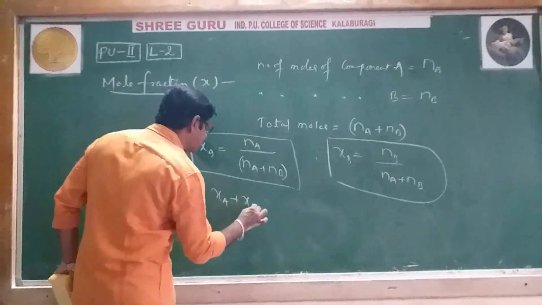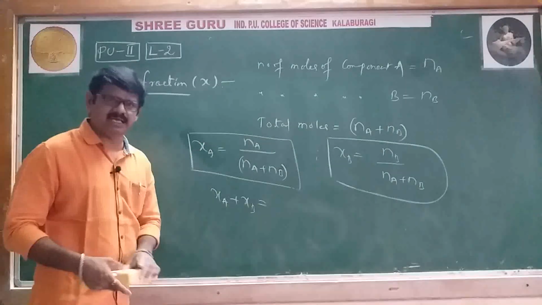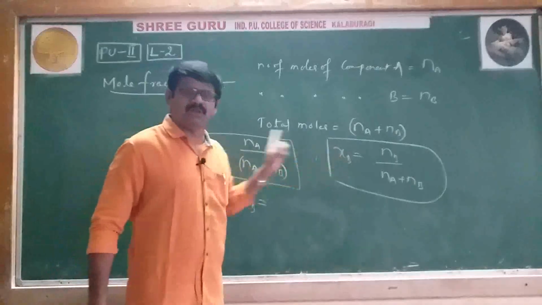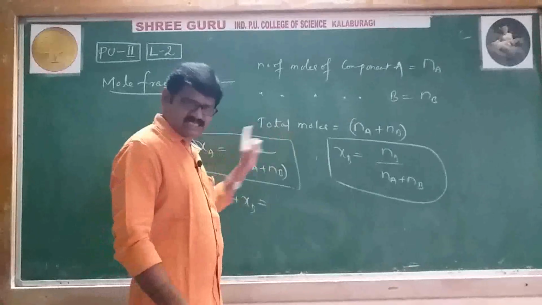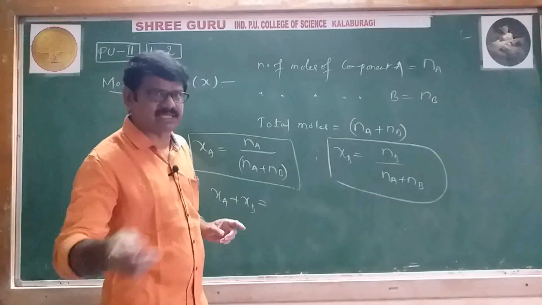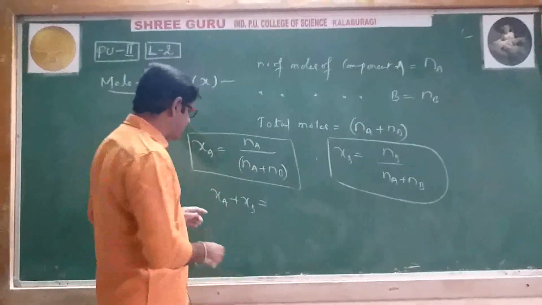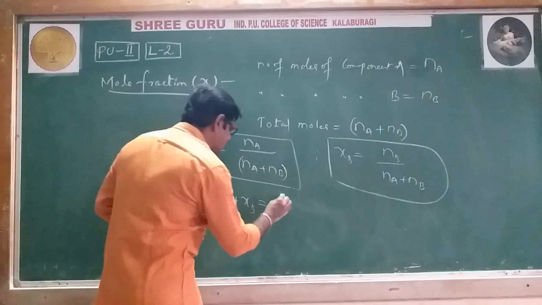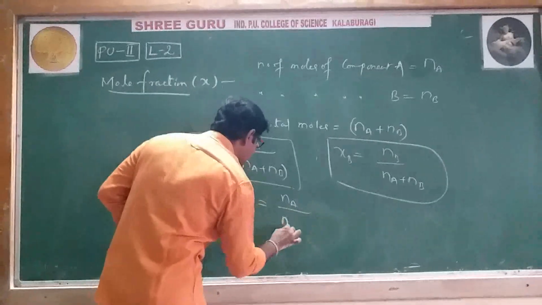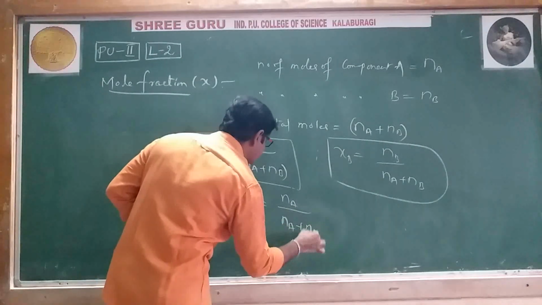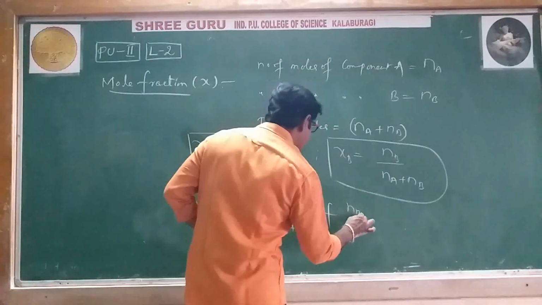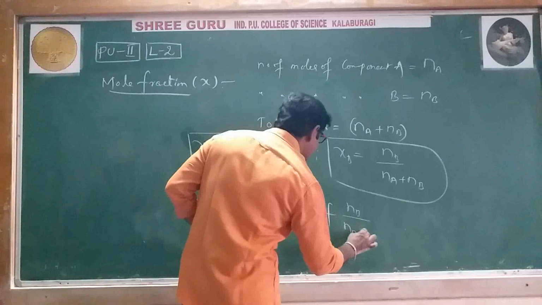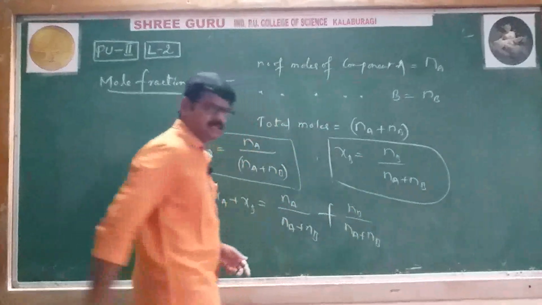XA plus XB. XA plus XB means the sum of mole fractions of all the components. What is the sum equal to? That we are calculating. The XA value we will write here: Na divided by Na plus Nb, plus the XB value: Nb divided by Na plus Nb.